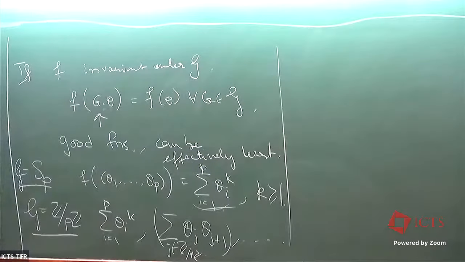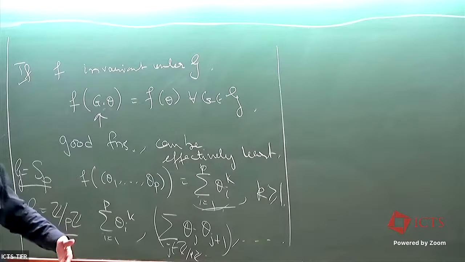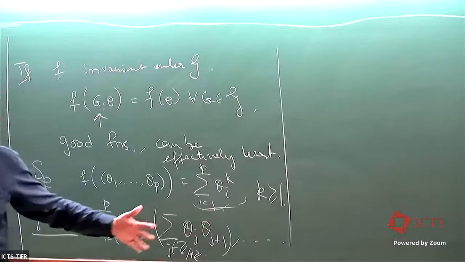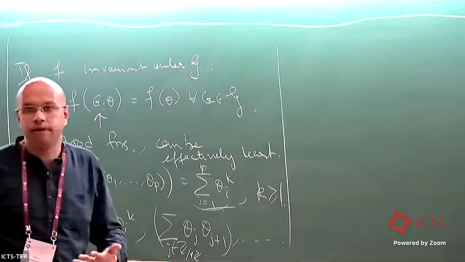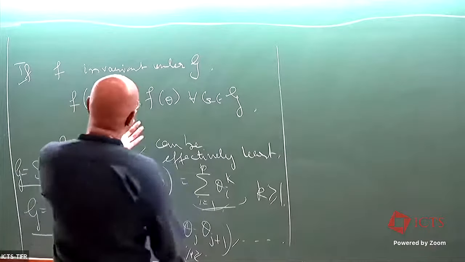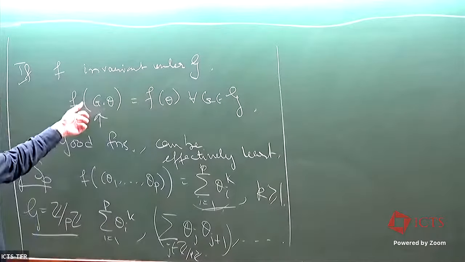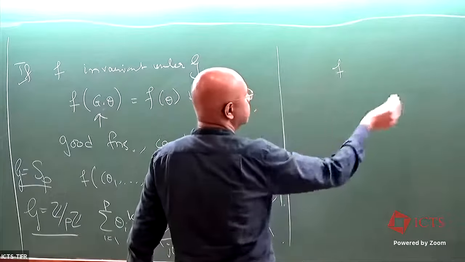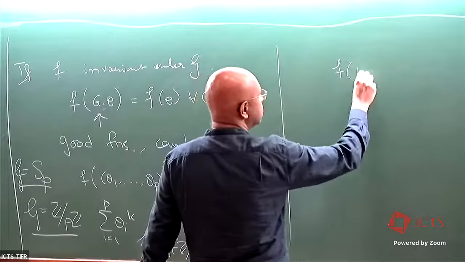So one observation here is that the group of permutations is a big group. Z mod pZ is the group of cyclic permutations, which is a much smaller group. And the smaller the group, the bigger the class of invariant functions. Suppose I am able to estimate some invariant function well, so for f, my estimated value is f hat.